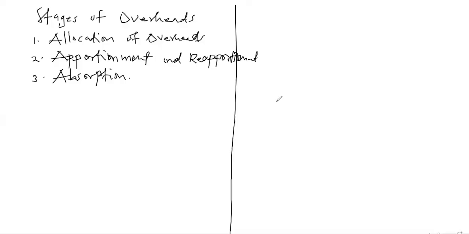So allocation is the process by which the whole cost item is charged direct to a cost unit. That is allocation. Allocation is charging the cost to one cost unit.